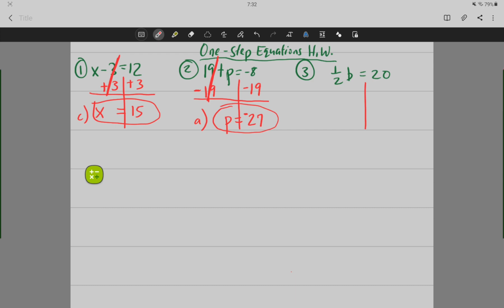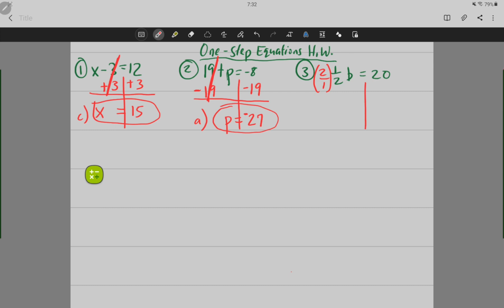So the inverse operation, or opposite of dividing, is to multiply. So we want to multiply by the reciprocal. Remember, reciprocal in math is just taking the number and switching the places. So instead of 1 over 2, it's going to become 2 over 1.